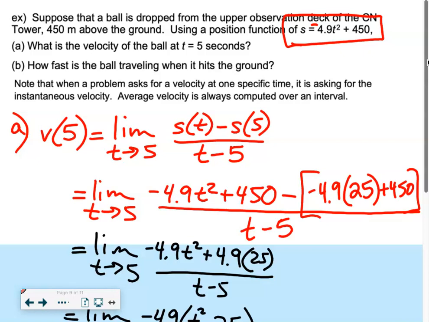When you're at the top of the building, your position is 450. At the ground, your position is 0, right? Your velocity is not 0 when you hit the ground. If you could jump off a building and hit the ground with a velocity of 0, we'd all be jumping off buildings, right? Because you just float down and stop and keep on walking, right?